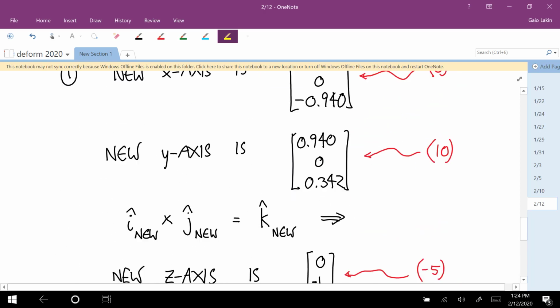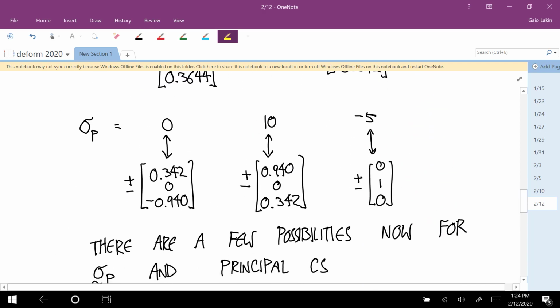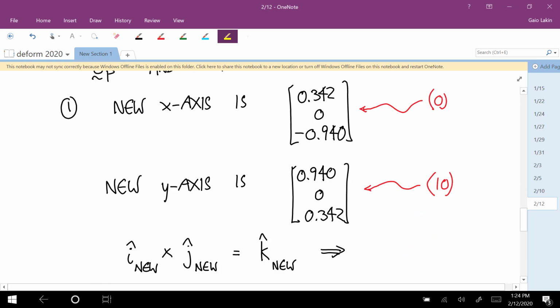which would be negative 0.342, 0, positive 0.940.